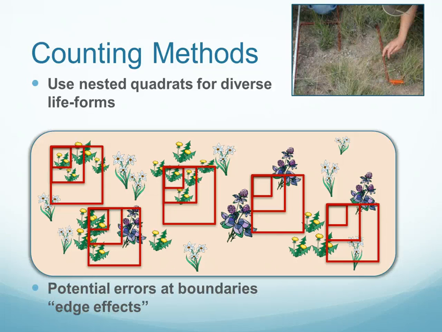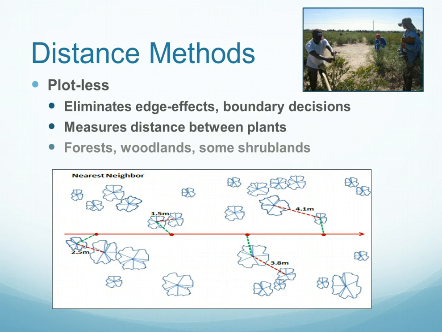Whenever we're using quadrats or plots, there's always the potential for errors at the boundaries because of edge effects. And that leads us to our last major category of methods, which are the distance methods. Distance methods are plotless. This eliminates edge effects and the need to make decisions at boundaries.